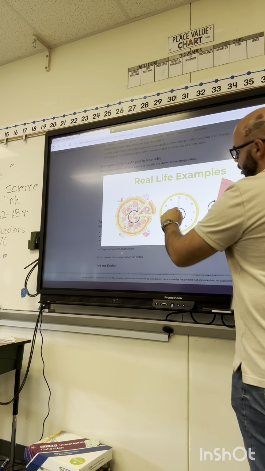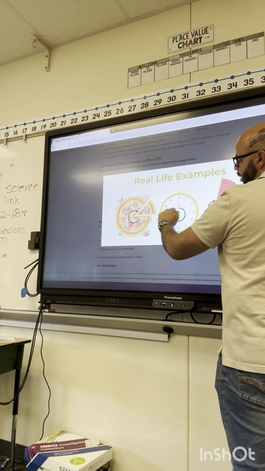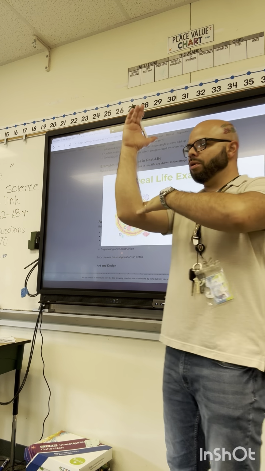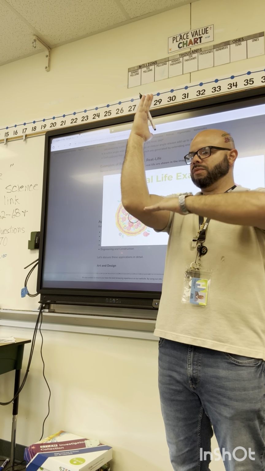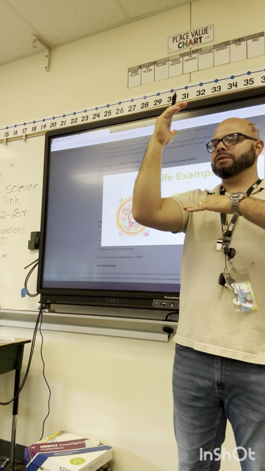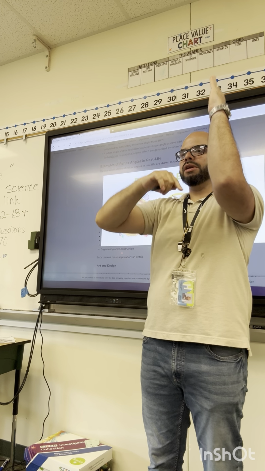If you look at our clock hands here, our hour hand and minute hand, they are forming a complete square right here. It's completing a square.